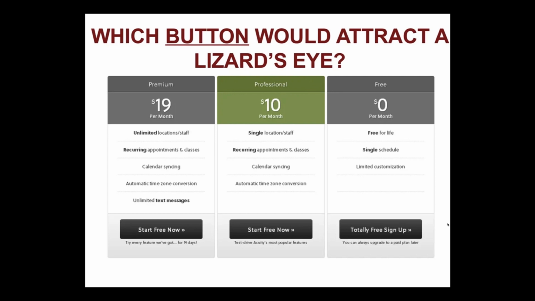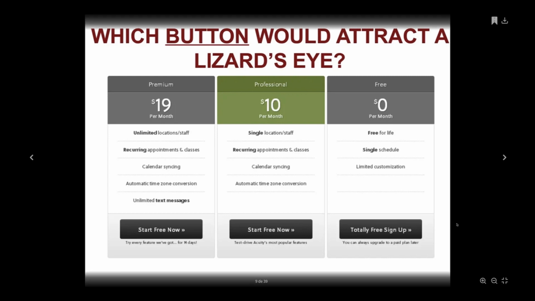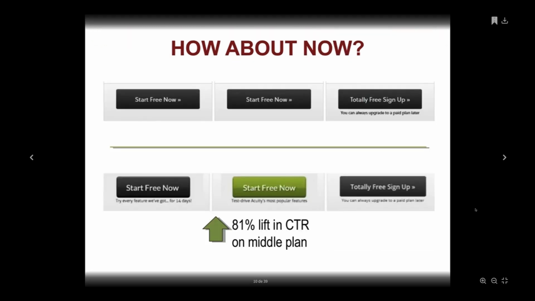And so we did something pretty obvious that you might do if we want a lizard to pay attention to a button or notice a button, not to be afraid of it, however, but to notice it. We changed this to start free now, and we saw an increase of 81%.